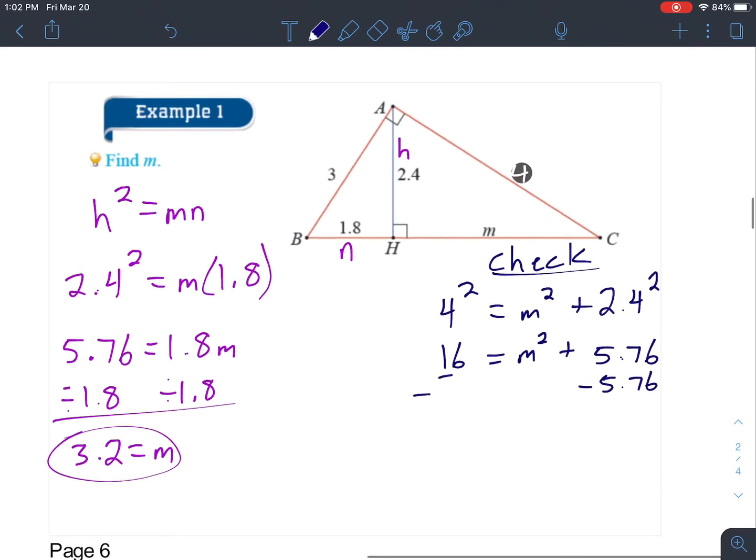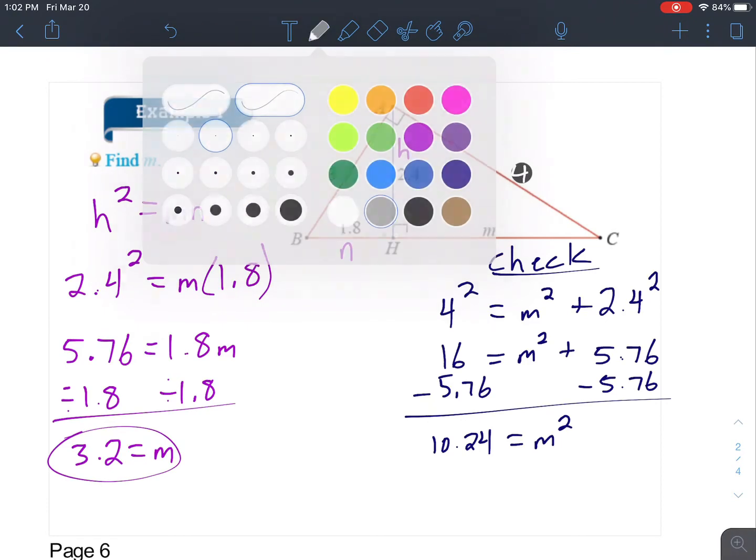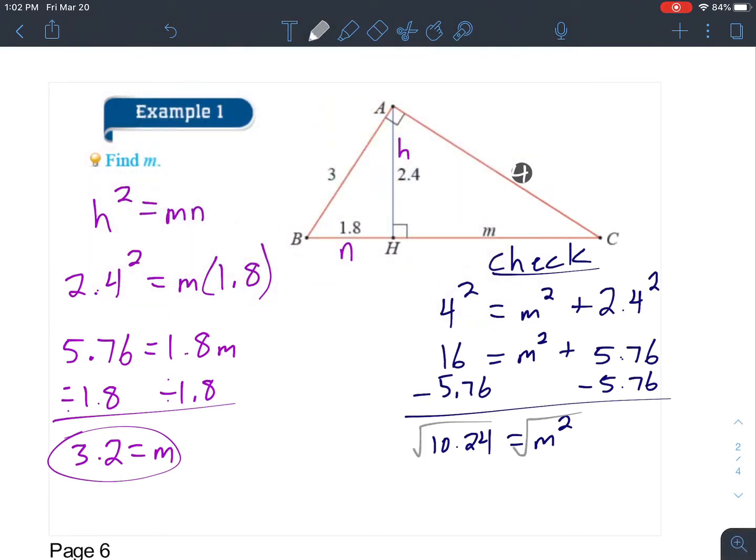We subtract, and that is going to leave us with 10.24. And then the square root of that is indeed 3.2. Good.